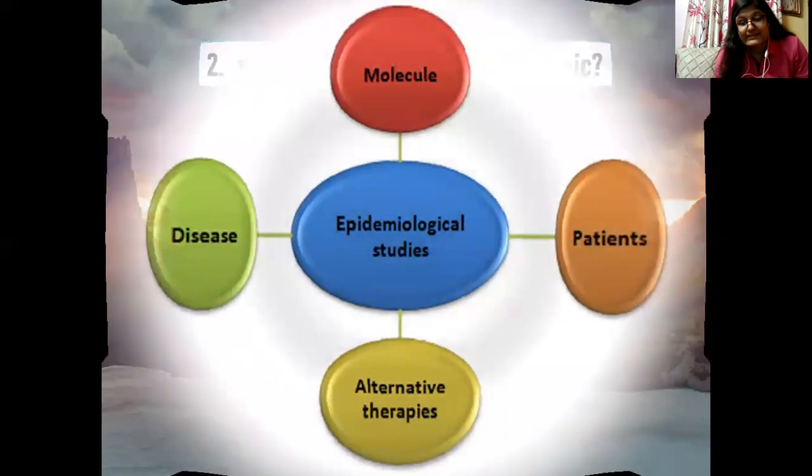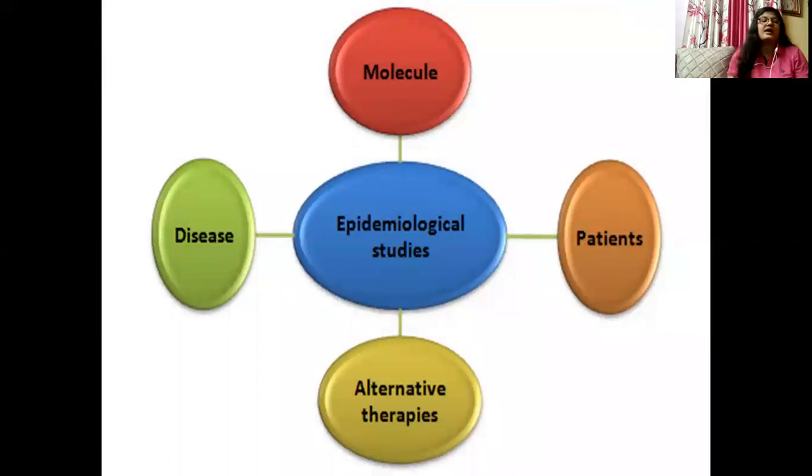So let's get into the next slide. Here are some basics of epidemiological studies. First we deal with patients, diseases and molecules, and in epidemiological studies we also learn some alternative therapies.